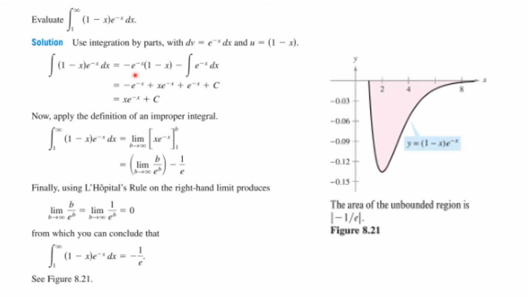And so we will get minus e to the minus x times 1 minus x minus the integral of e to the minus x dx. And so when I do all of this calculation, I get x e to the minus x plus c. Now I can take c to be 0.